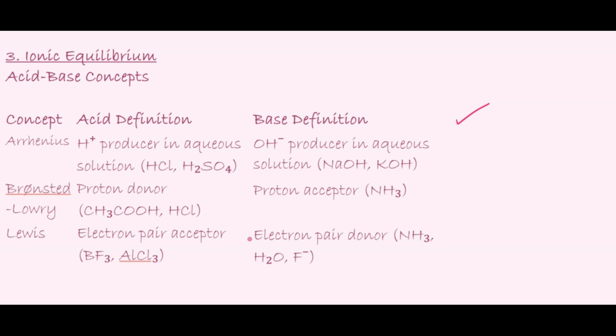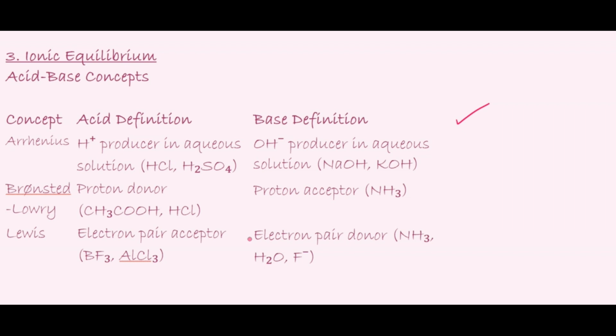Arrhenius talks about H plus producers being acids and OH minus producers being bases, in aqueous solution. Then Lowry-Bronsted, or Bronsted-Lowry, say proton donors are acids and proton acceptors are bases.